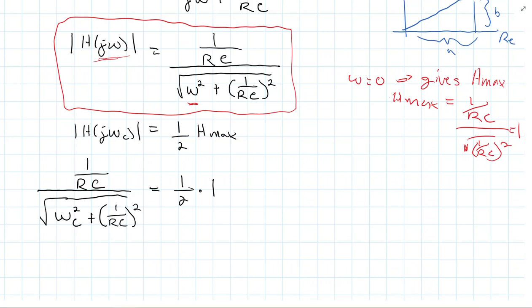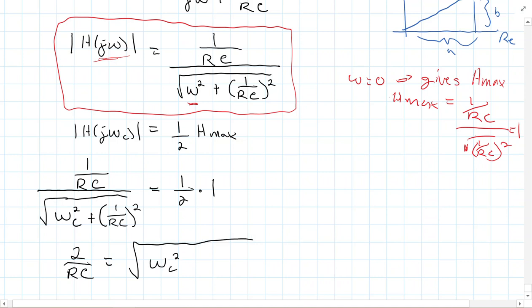Okay, now this looks like this is going to be horrible. It's really not going to be as bad as you think. Let's just do some basic mathematics here. So I have 2 over RC is going to be equal to the square root of omega c squared plus 1 over RC quantity squared.